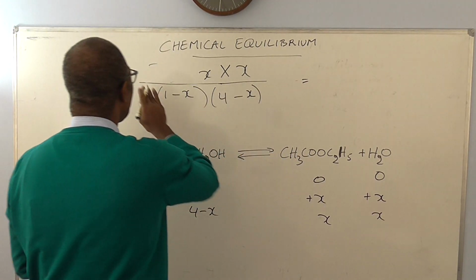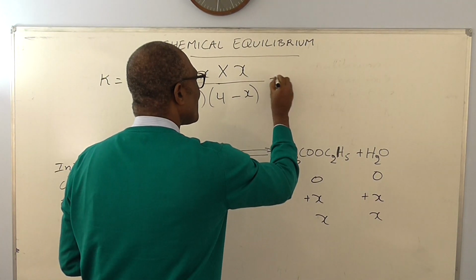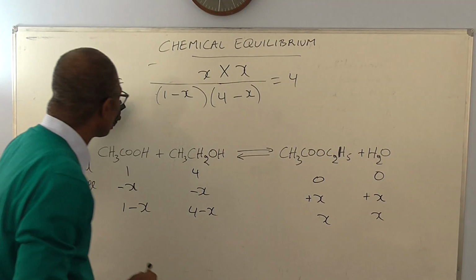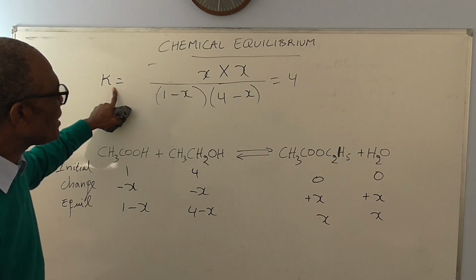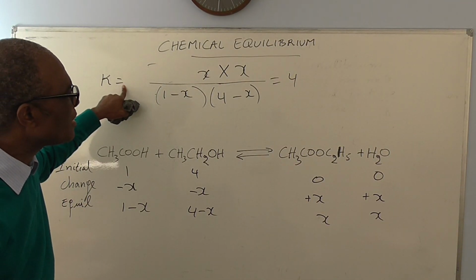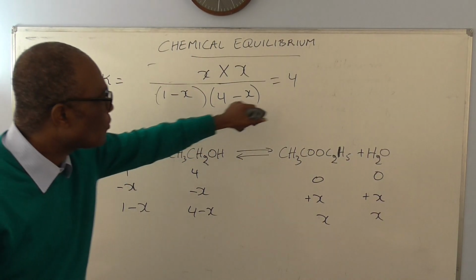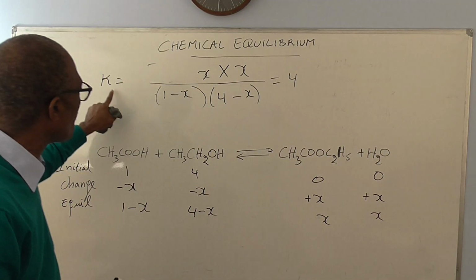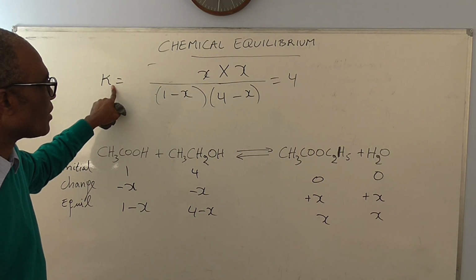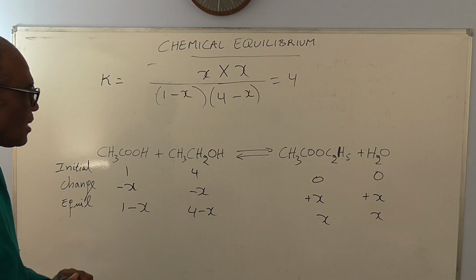Look what we have, and this has to be equal to 4. Remember, 4 is the value of the equilibrium constant K that was given. So we do like that.